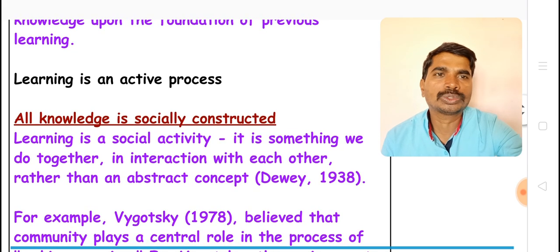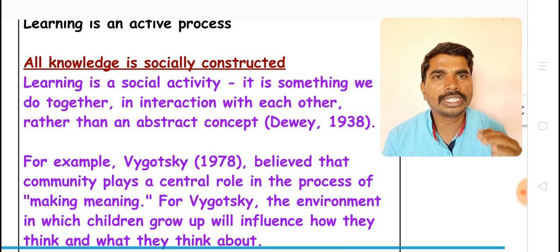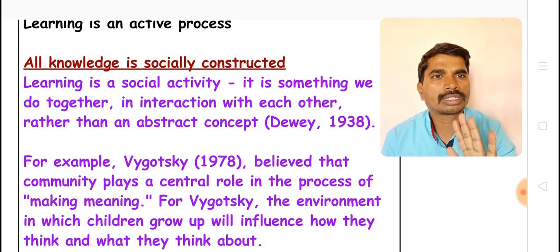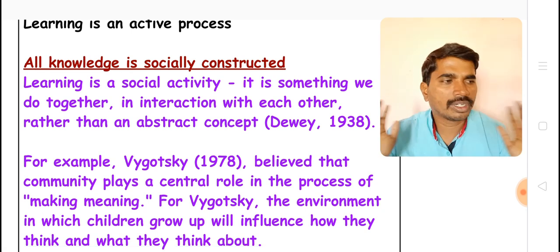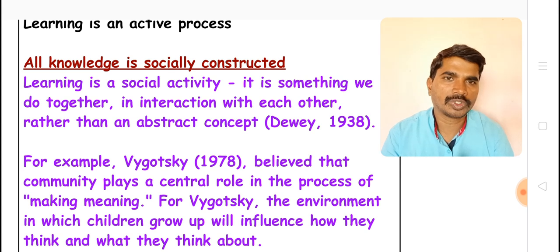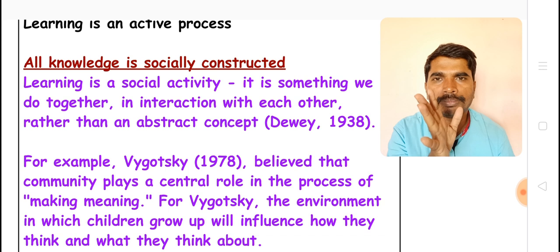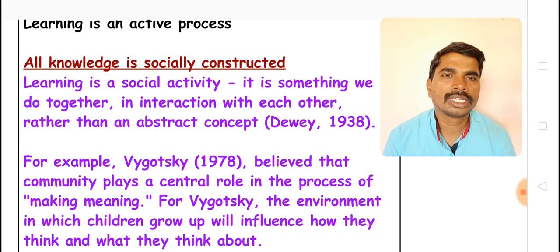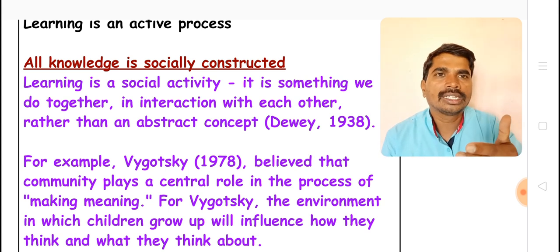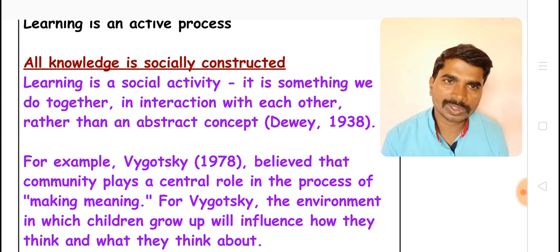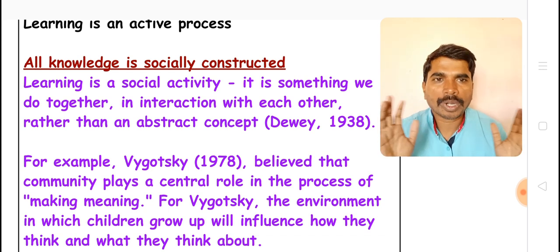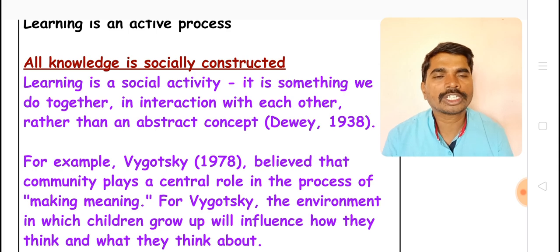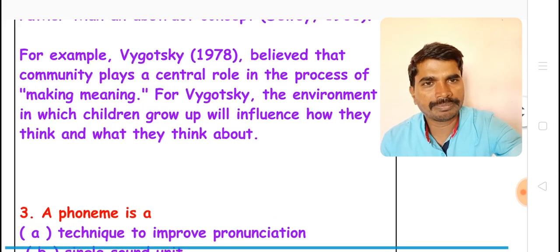All knowledge is socially structured. Here knowledge comes out from a community. Vygotsky's theory of zone of proximal development says that knowledge comes with the help of society. Environment provides the feedback for the development of the language.